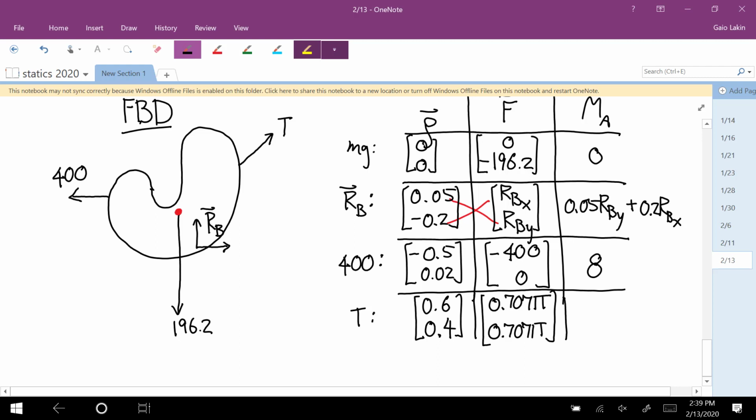And so you get 0.6 times this minus 0.4 times that, so that's 0.2 times that, so that is 0.1414 T. Is that right?